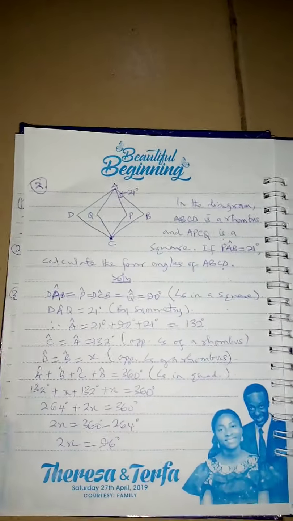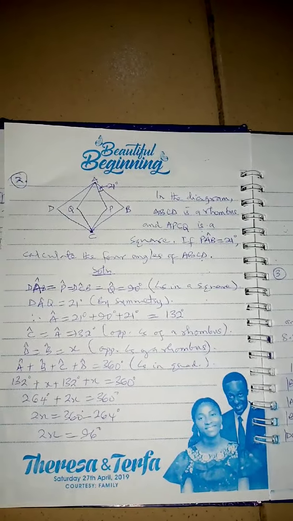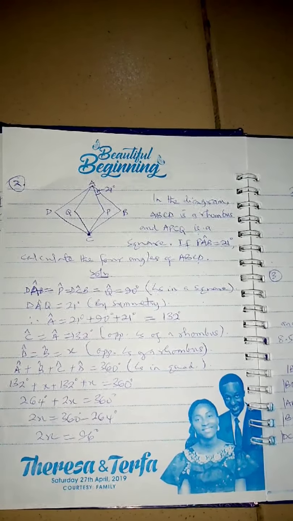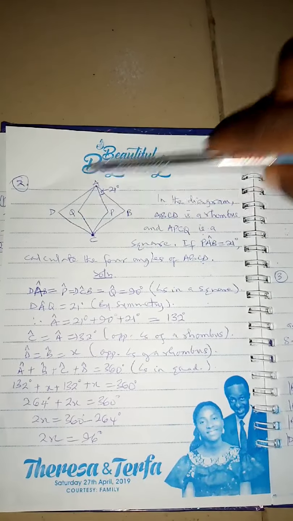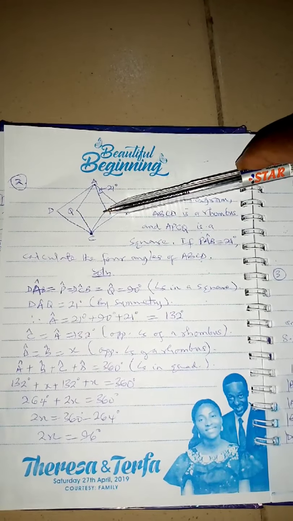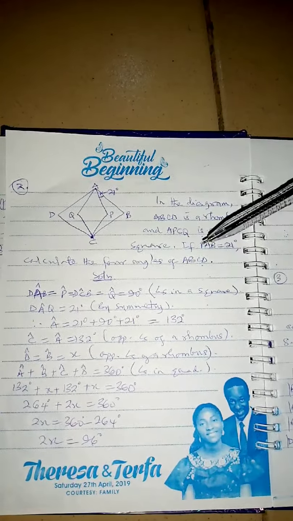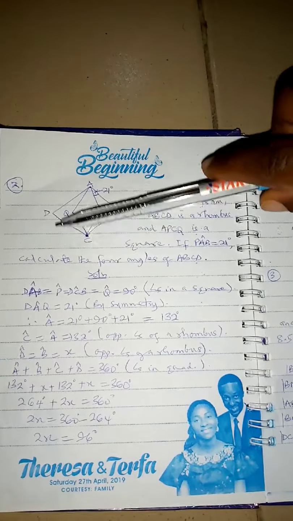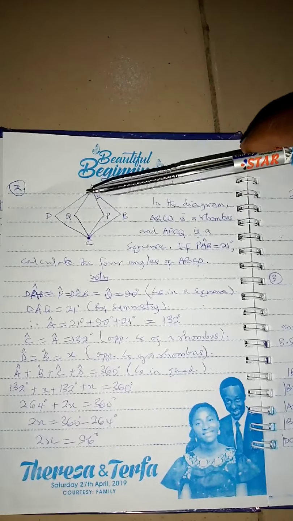Example 2. Look at the diagram. In the diagram, ABCD is a rhombus. And APCQ is a square. Please make sure you read carefully. ABCD is a rhombus. APCQ is a square.